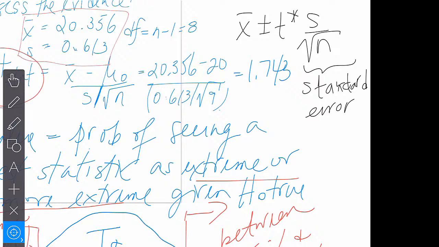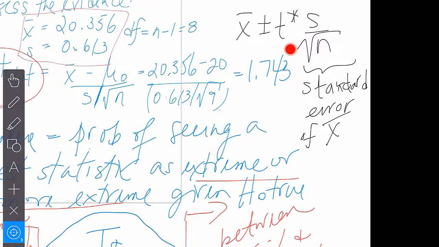So this is the standard error of the sample mean. What we're doing is making an interval of so many standard deviations from the mean. This is the so many: 1 or 2 or 3 or 1.4 or 1.5.